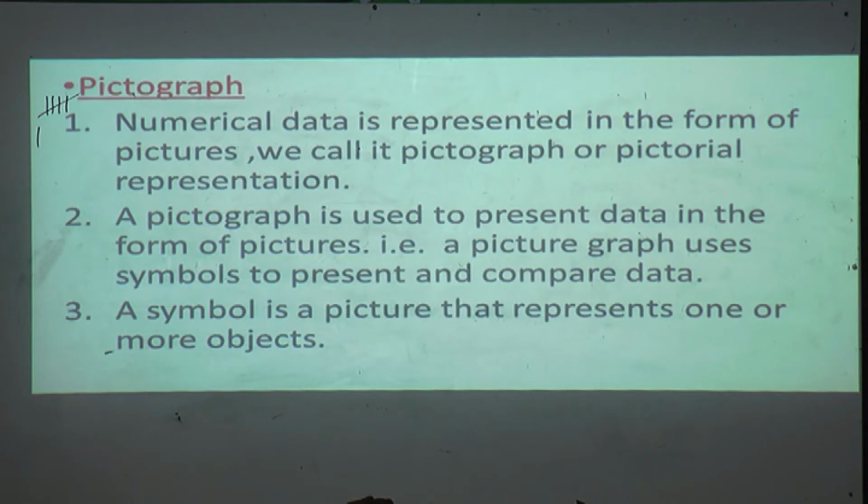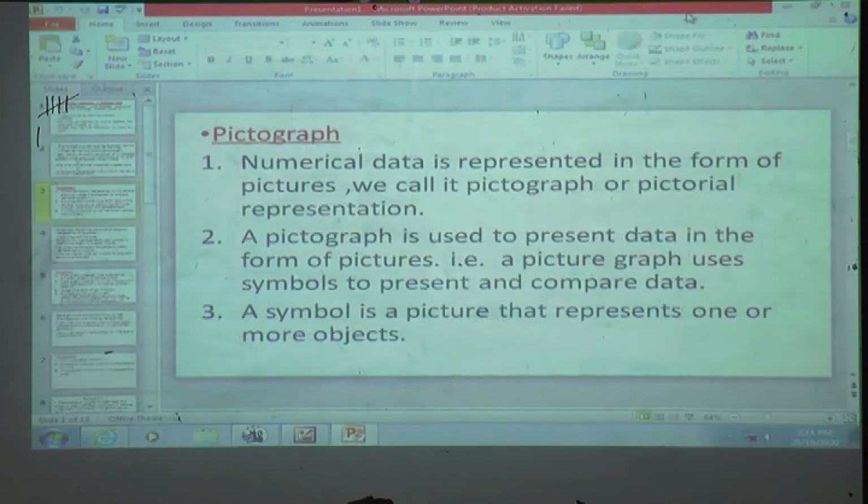Pictograph. This is a way that we can show our data in the form of pictures or symbols. Now this is one type of graph, pictograph. We'll see. First of all, just see page number 68.